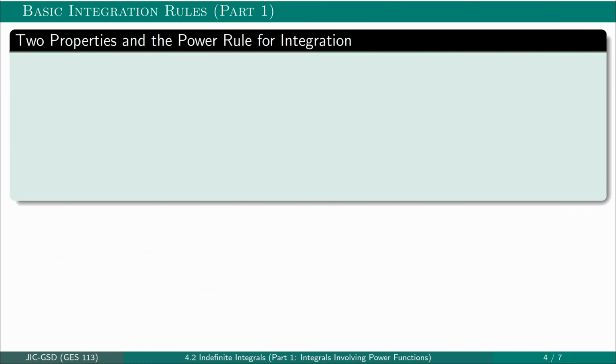Before we integrate functions, we must have some rules. In particular, we are going to list here two properties and one integration rule. The first one says that if you have an integral of k multiplied by f of x dx, k here is a constant, we can move that constant outside of the integral.